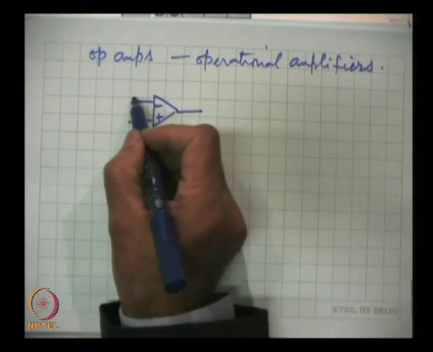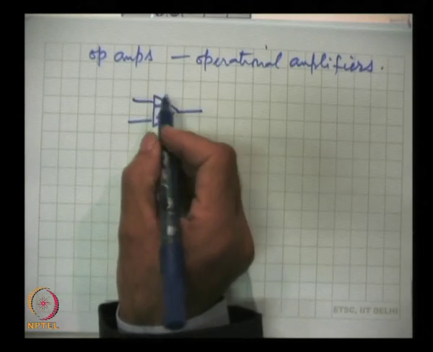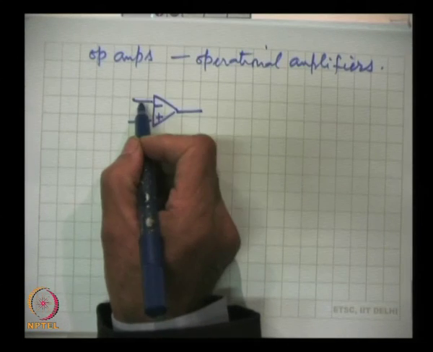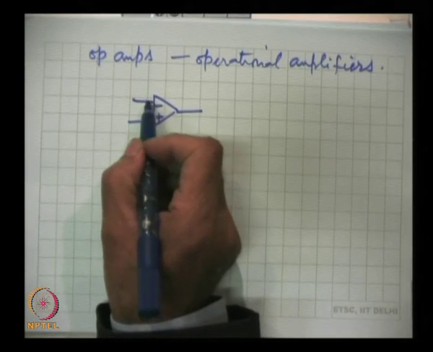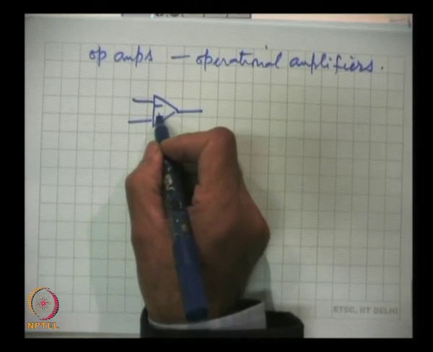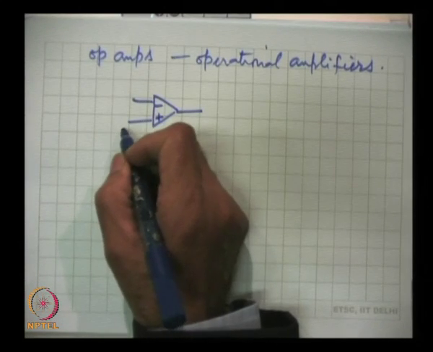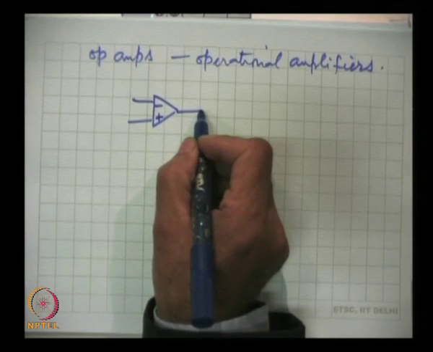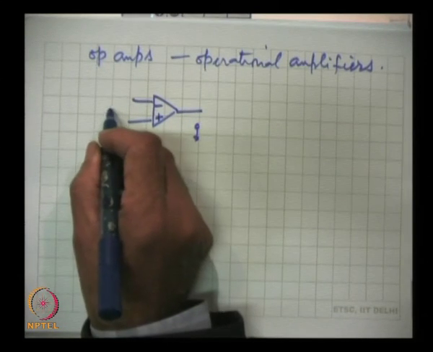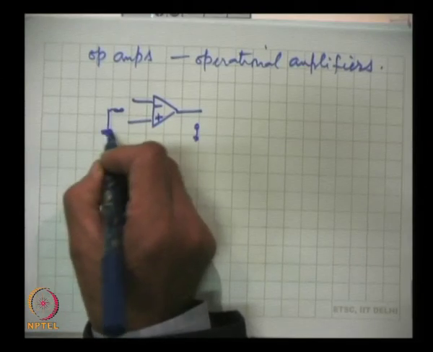There are two inputs, one with a minus sign, the other with a plus sign. This is called the inverting input, and the one with the plus sign is known as non-inverting. This is the output. Now, all voltages are given with respect to ground.